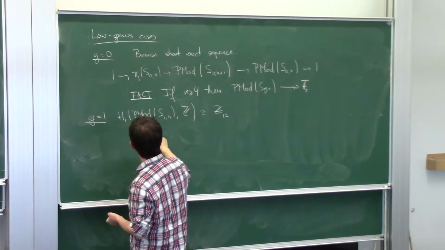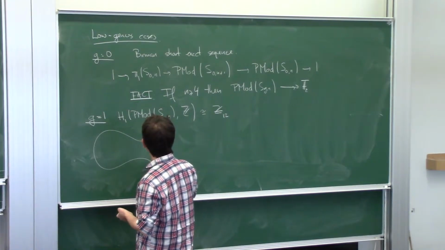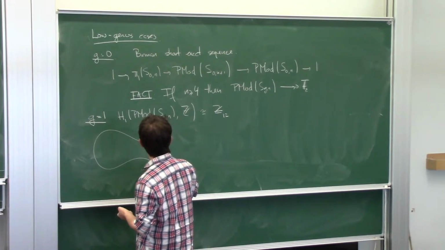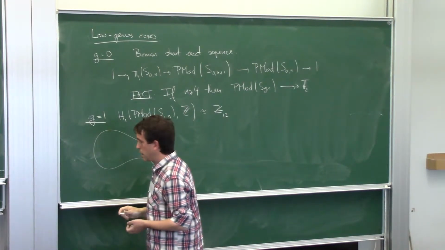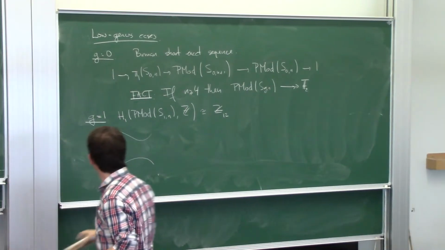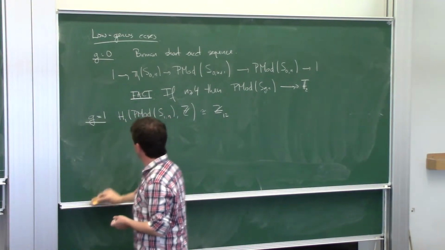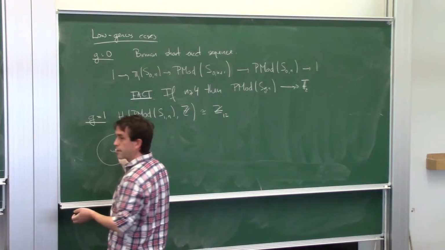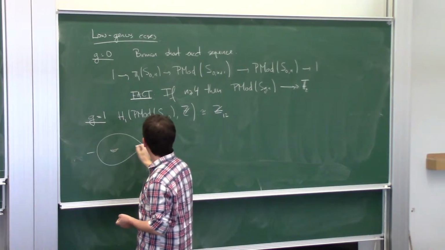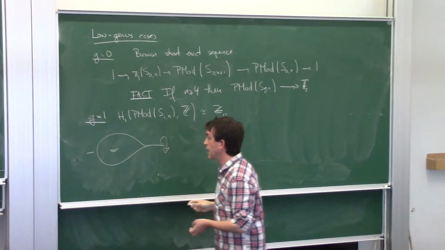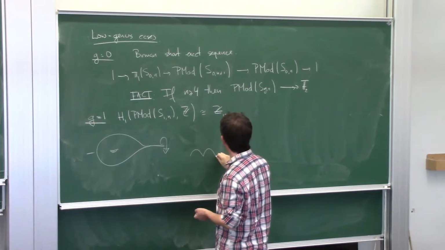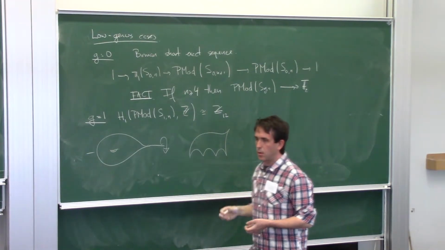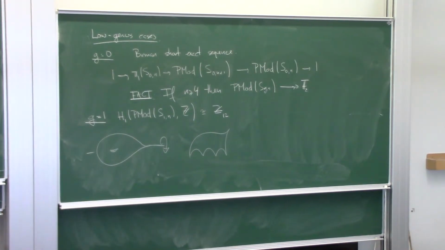The reason is that if you take a torus with one puncture, then there is this hyperelliptic involution, which is central in the mapping class group. So the quotient is morally a sphere with 4 punctures.